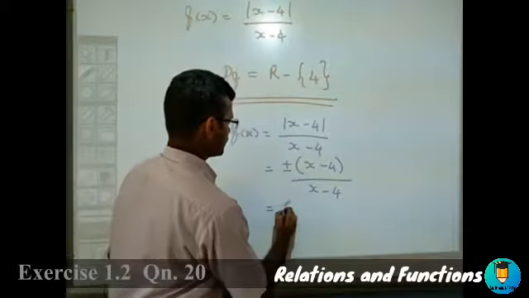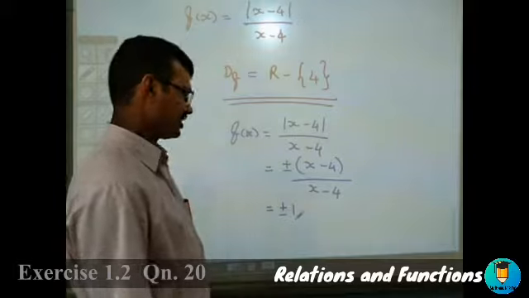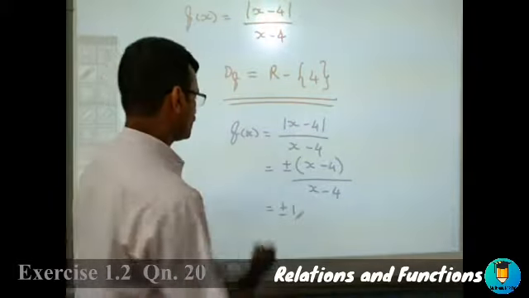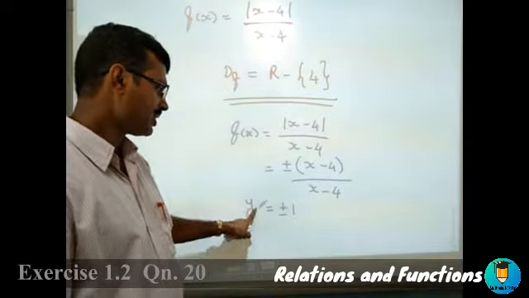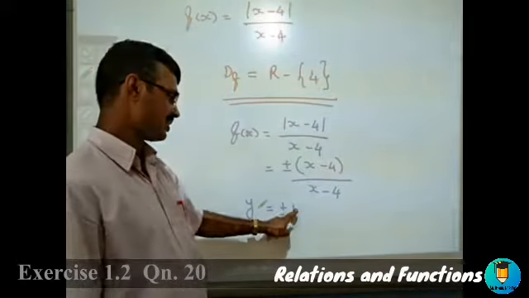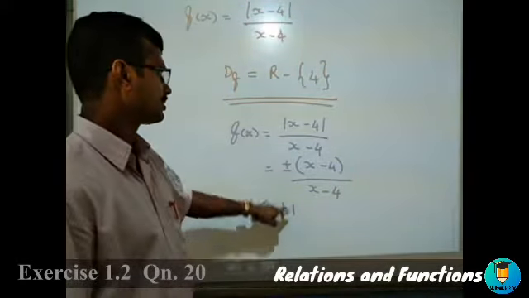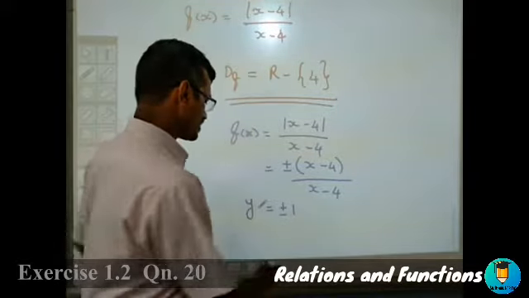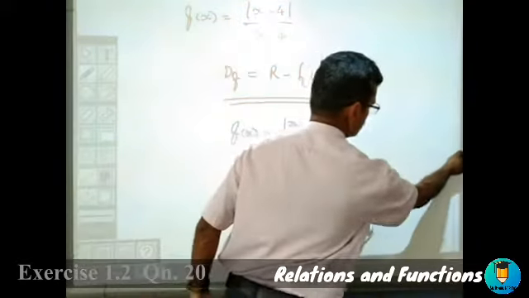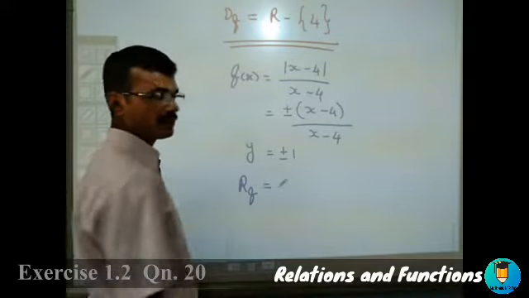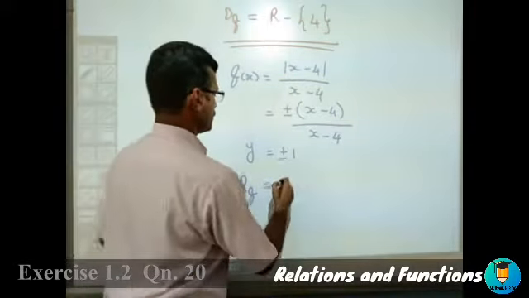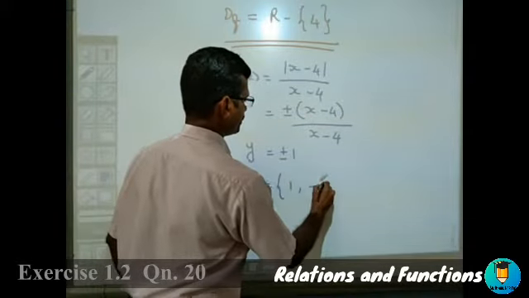X minus 4 cancels, which comes plus 1 or minus 1, that is y. f(x) means y. So the value of y is always plus 1 and minus 1. Okay. So that is the corresponding range of this function. So the range of function is equal to plus 1 and minus 1.